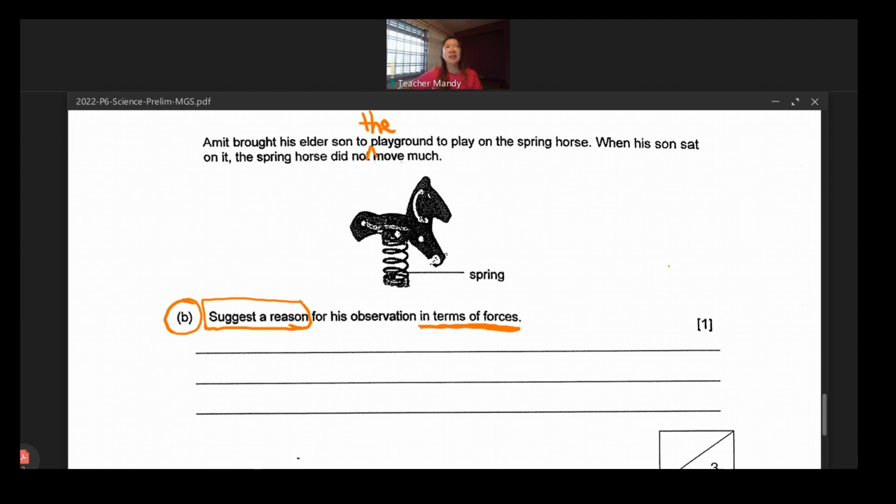So we do know, I already mentioned, it is not very loose. That's why it's very hard to move the horse. If it is not loose, we can also say that it is quite stiff, stiffer, right? So stiff. So we can explain in terms of forces. It is stiff, and so it cannot move much.